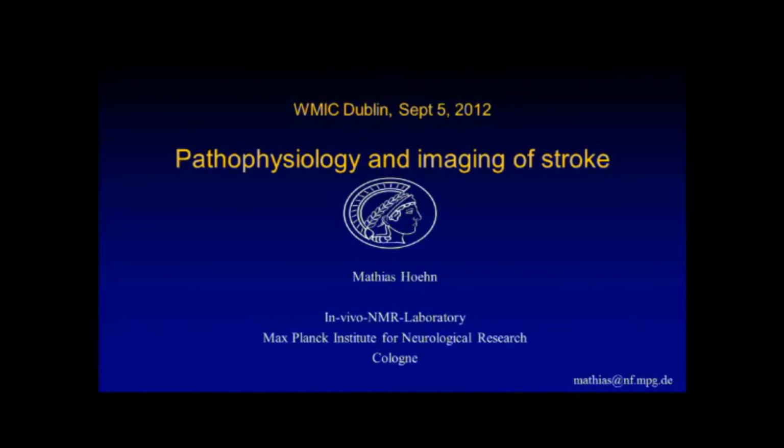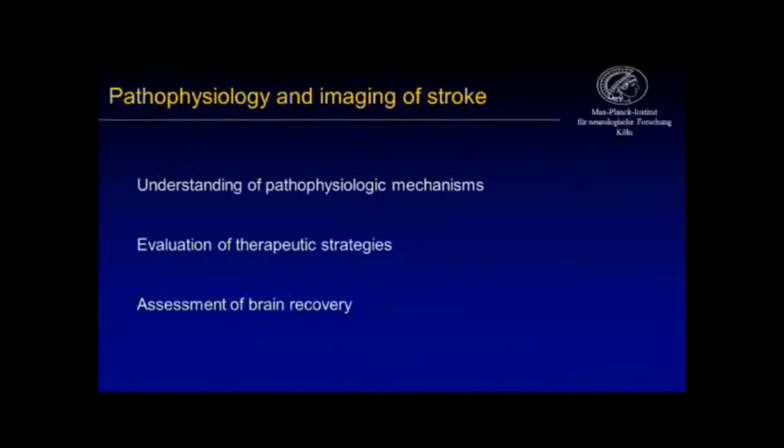We switch now from the more structural aspects of looking at cells or cell connections to a hemodynamic issue, namely stroke. When we are interested in understanding stroke, the pathophysiology of it, and the connection then to imaging, we first should understand a little bit about the mechanism that actually takes place after stroke is happening.